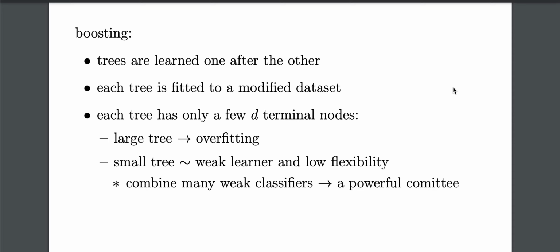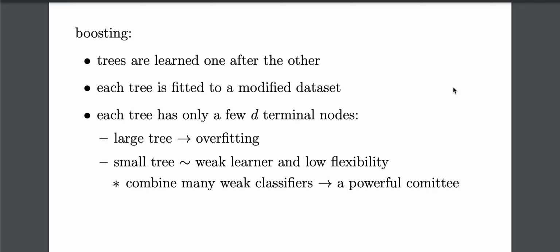So each tree is a very simple tree, with only a few terminal nodes. If we have a large tree, we have overfitting. If we have a small tree, it will be a weak learner, with low flexibility. But the idea is that since we grow these trees sequentially, each tree is taking care of whatever pattern in the data that the previous trees were unable to capture.